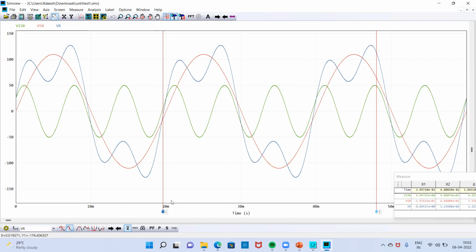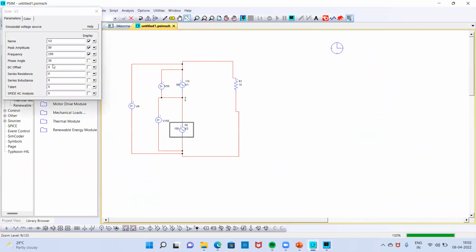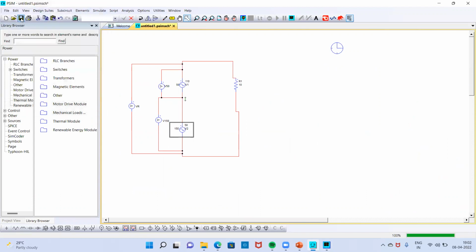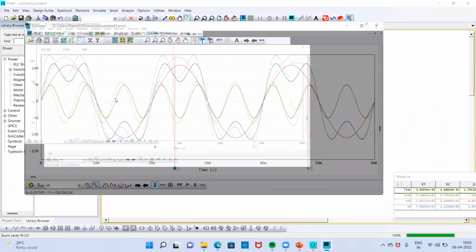Here there is a phase shift. I am going to remove this phase shift for better understanding. I will make it 0 and make these two signals to be in phase. So this is what you are going to get now.